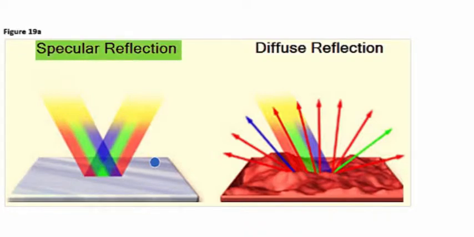This is known as specular reflection, and it occurs with mirrors and other shiny surfaces because surface imperfections are smaller than the wavelength of the incident light. Therefore, virtually all of the light is reflected equally.